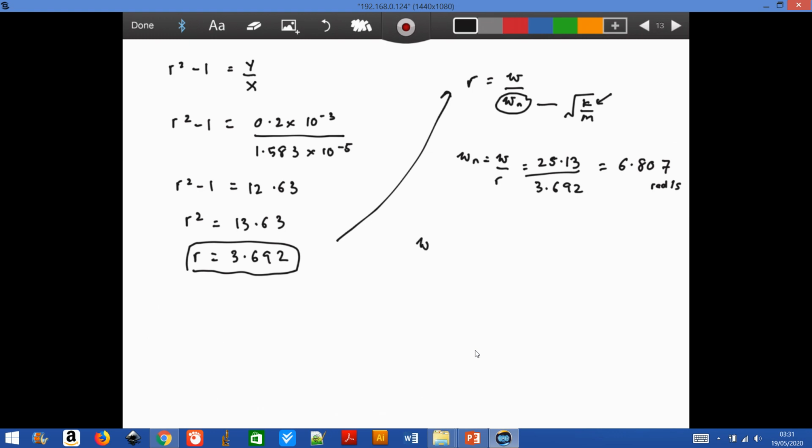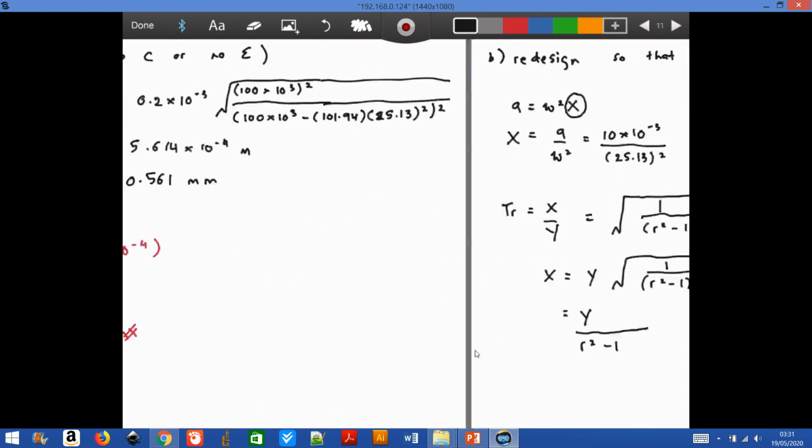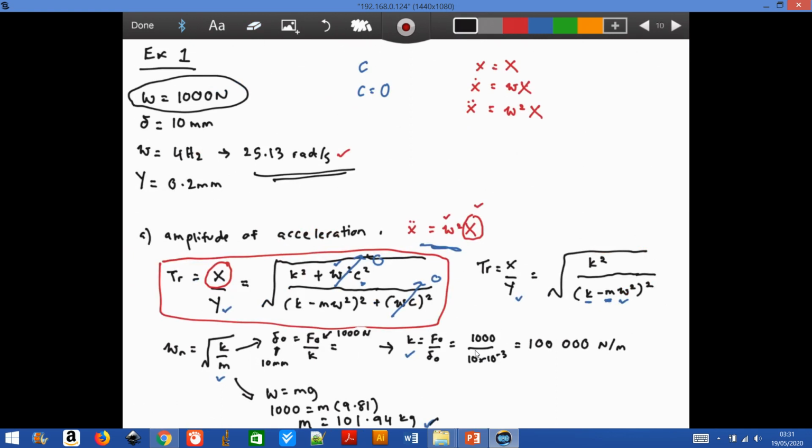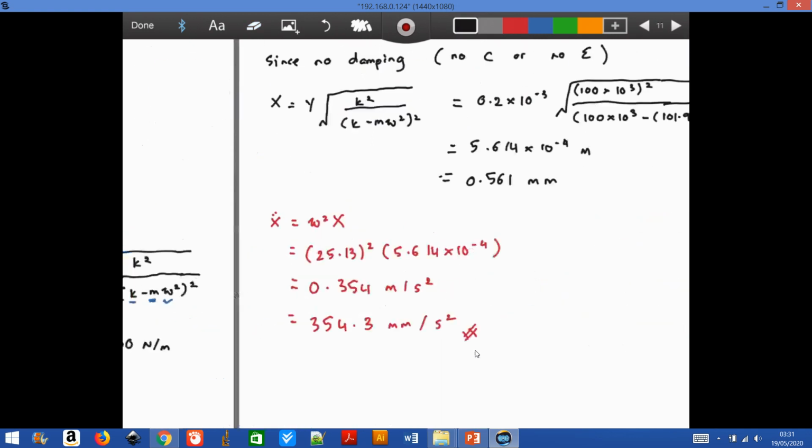So from here we know that omega n is equal to square root of k over m. In order to find the k, omega n squared multiplied by m is equal to 6.807 squared multiplied by the mass, which is 101.94.